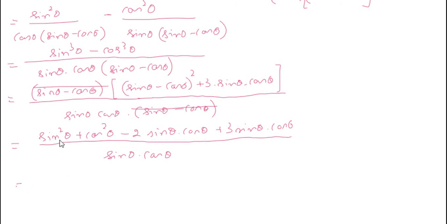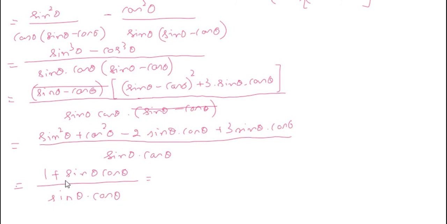Now sin square theta plus cos square theta is 1. So 1 minus 2 sin theta cos theta plus 3 sin theta cos theta, so it is just 1 plus sin theta cos theta, divided by sin theta into cos theta.